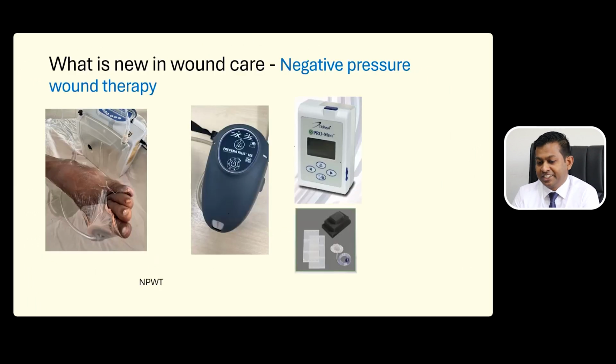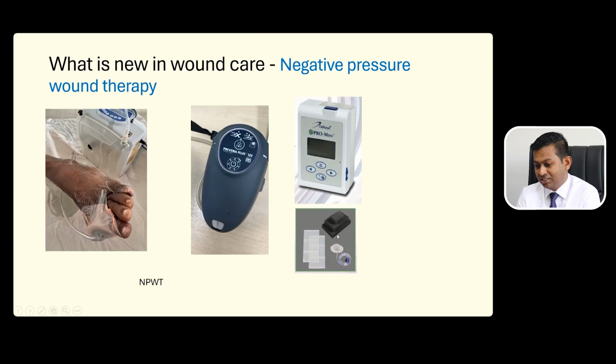Okay, negative pressure wound therapy. It looks like a fancy, expensive thing, still this is available in the government sector as well. There are various machines. Basically, what we do is, on the wound we apply these foams.